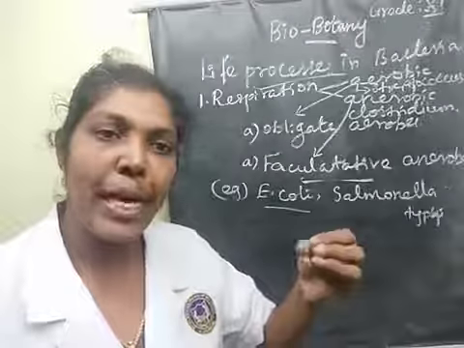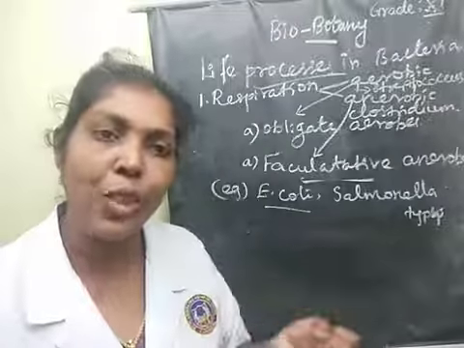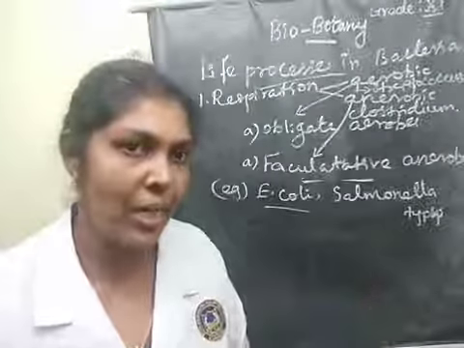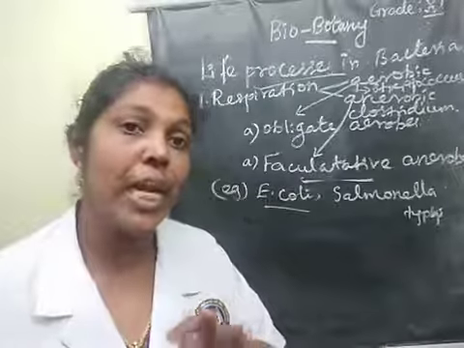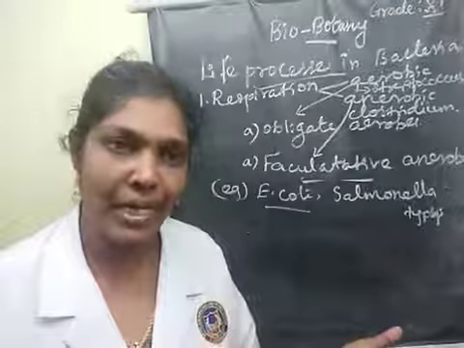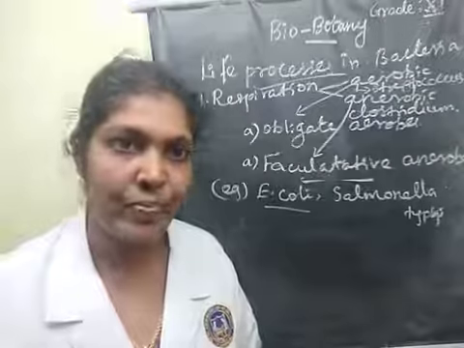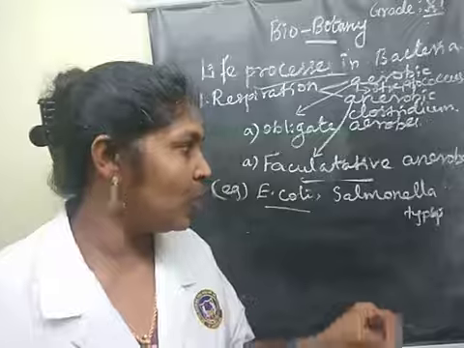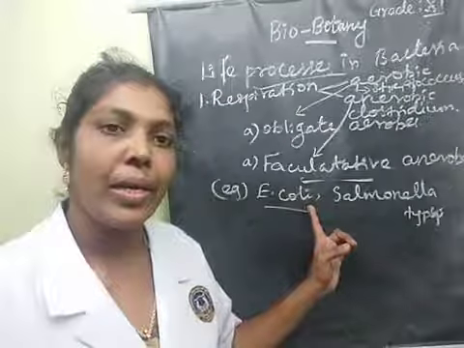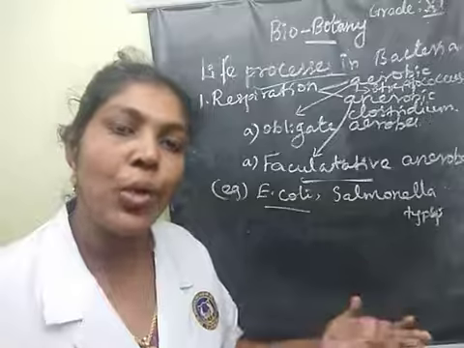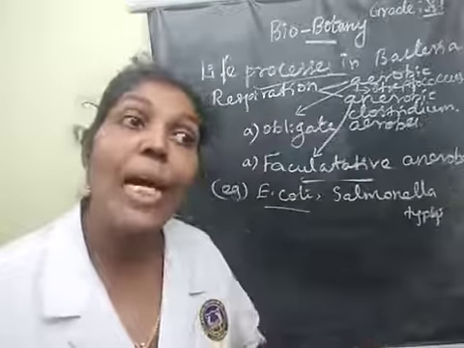Clear? In that region, the bacteria first rapidly consume all the oxygen. Then they change into anaerobic metabolic activities, and after that they grow in an anaerobic environment. Understood? The E. coli bacteria are allowed to grow in that anaerobic condition.